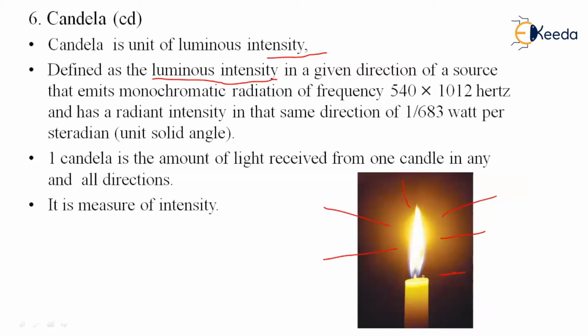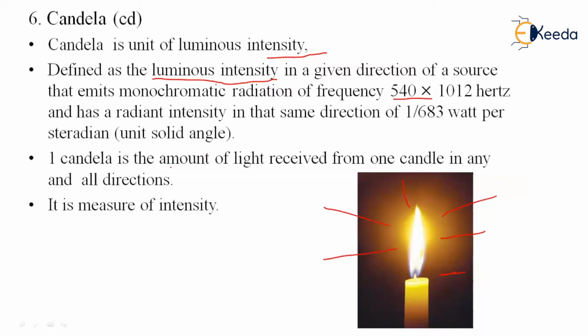Luminous intensity in a given direction of a source that emits monochromatic radiation, that is single color light, of frequency 540 x 10^12 hertz, and has a radiant intensity in that same direction of 1/683 watt per steradian, is your one candela.